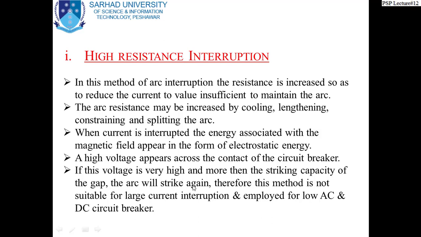This is very important because the gap between the two contacts has a certain dielectric strength, right? And if the voltage is more than the dielectric strength, then the arc will again be established and strike again, because each insulation has a certain dielectric strength, right?